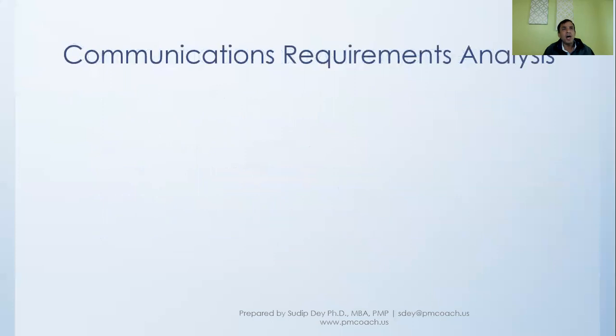Now, when we are doing communication requirements analysis, looking at what kind of communication we need to do with stakeholders, there are some ways to do this analysis, and we need to look at different sources.